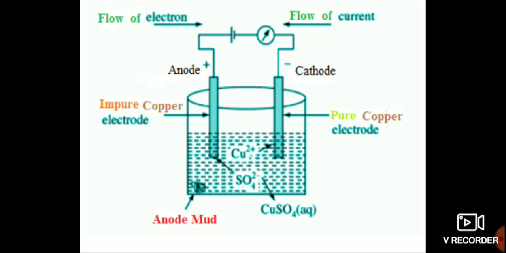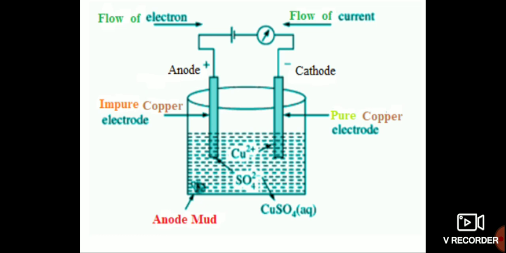The impure copper is collected on the anode, and the pure copper is collected on the cathode, because copper is positively charged, so it is attracted to the negatively charged cathode rod.